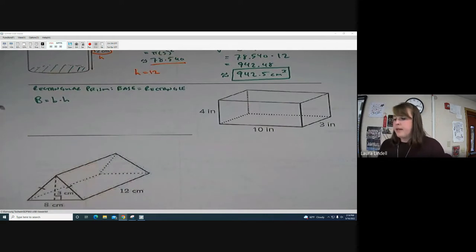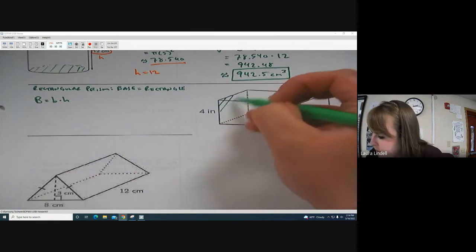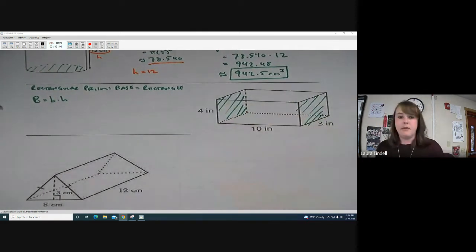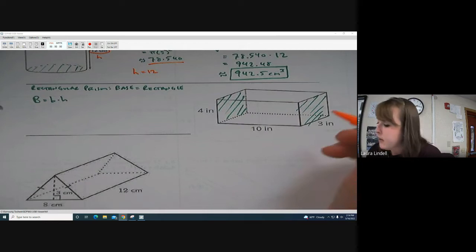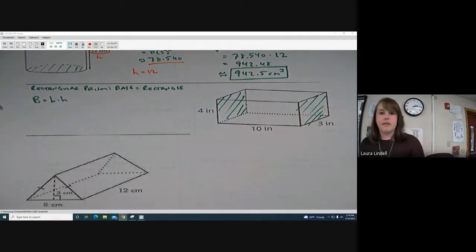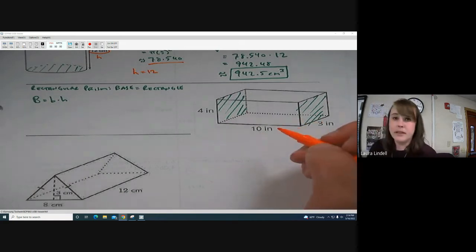Now, on a rectangular prism, figuring out what the base is can be a little bit difficult because any of these faces could technically be the base. I'm going to go with the left and right sides. As long as they're across from each other, they can be your base on a rectangular prism. So to find the area, we may have to play with the dimensions a little bit because they might not all be labeled.